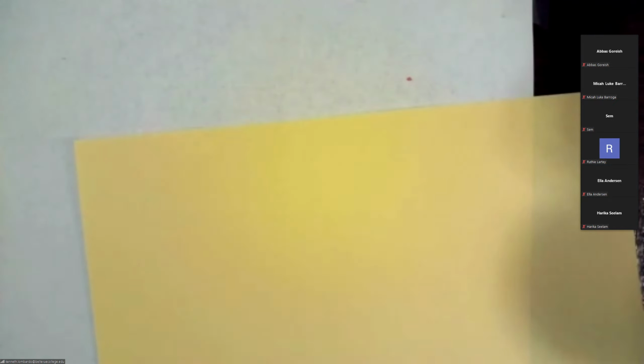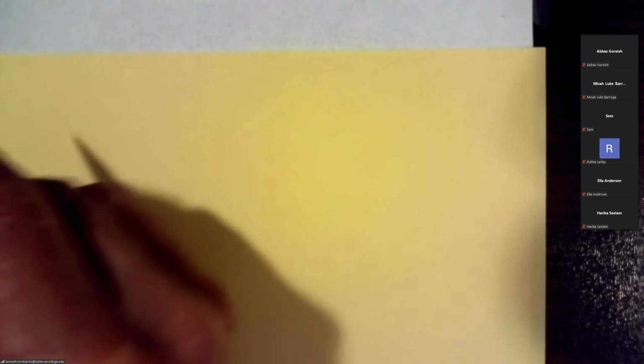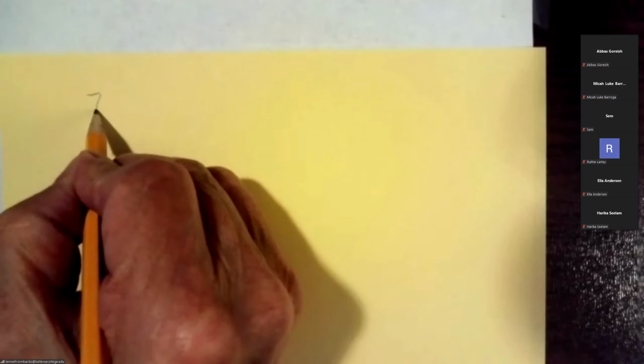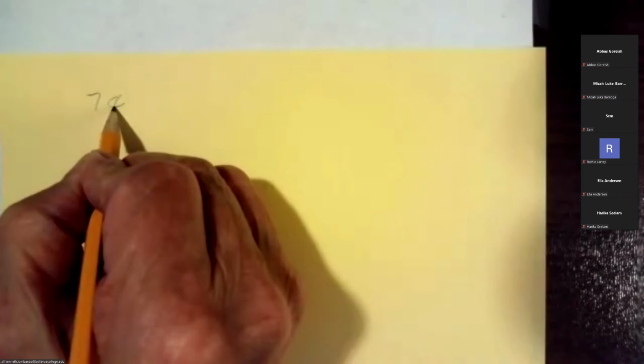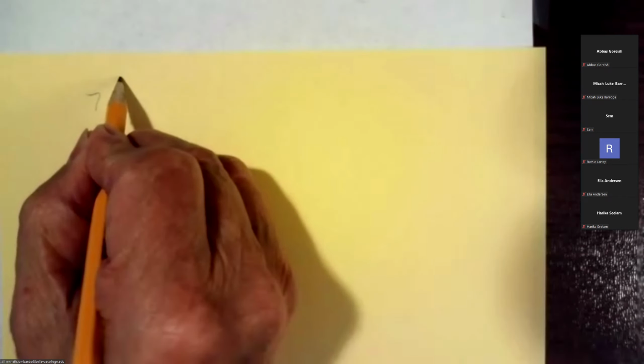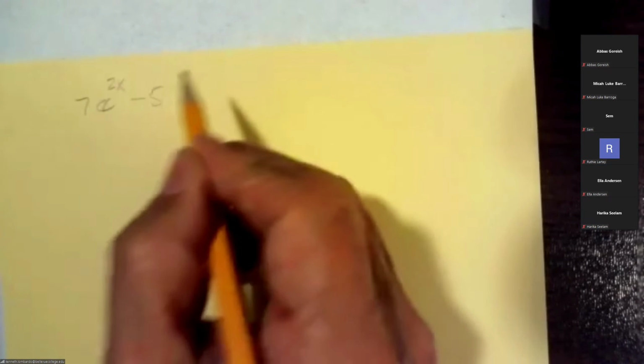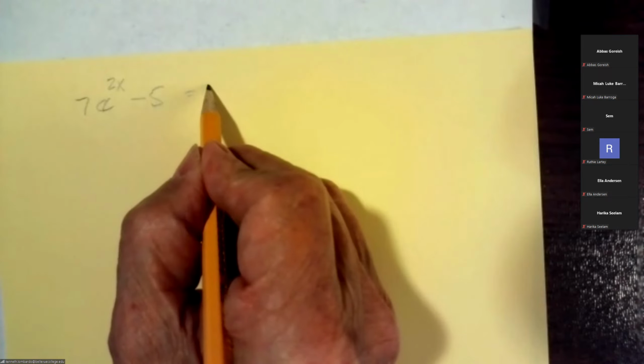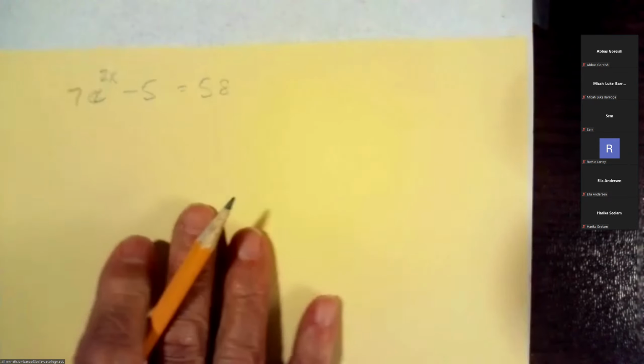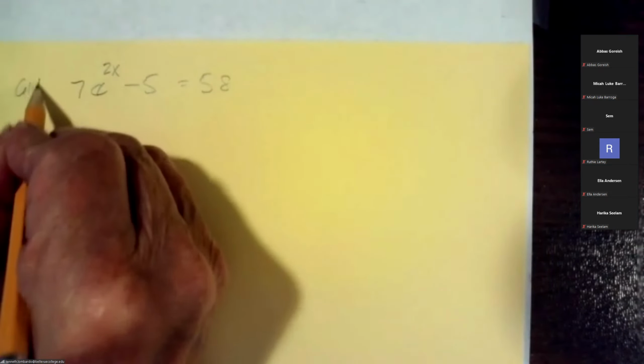Okay, let's see, what else could we do here? How about, here's an interesting one. If I have 7e to the 2x minus 5 equals some value, 58. So this is given.